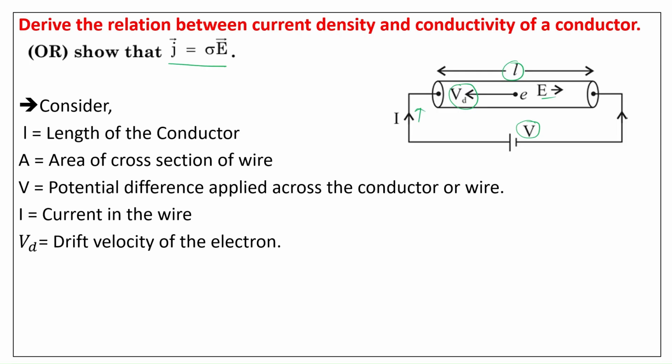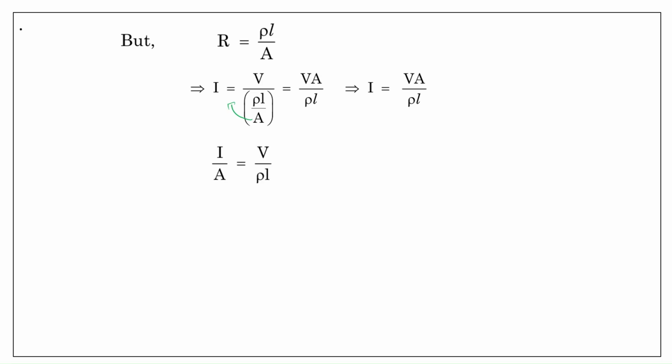Therefore, we have I is equal to V by R. Mark as equation 1. But R is equal to rho L by A. So, equation 1 can be written as I is equal to V by rho L by A. On taking this A to numerator, we get I is equal to VA by rho L. Now take A from RHS to LHS, we get I by A is equal to V by rho L. But I by A is equal to J, that is current density.